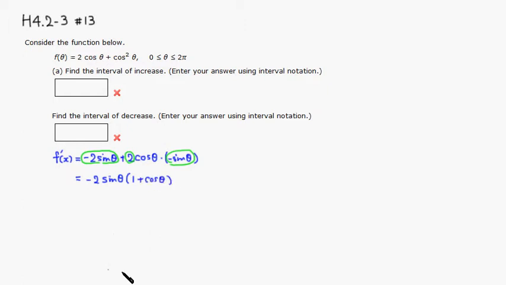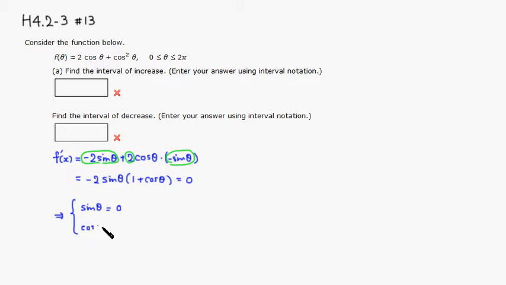So we're going to set this equal to 0 to find the critical numbers. So we need sine of theta to be 0, and here we want cosine of theta to be negative 1.